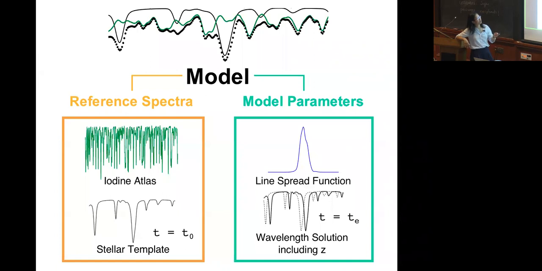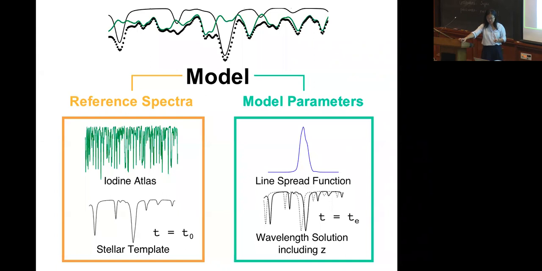And then you have the model parameters, including your line spread function, how your spectrograph broadens the spectral lines. Those can be very complicated models. And then you have your wavelength solution, the wavelength as a function of CCD pixel, and then also the Doppler shift. How do you shift the stellar template before you multiply it with the iodine atlas? This is the most crucial parameter we want to get out. And this is roughly how forward modeling works.